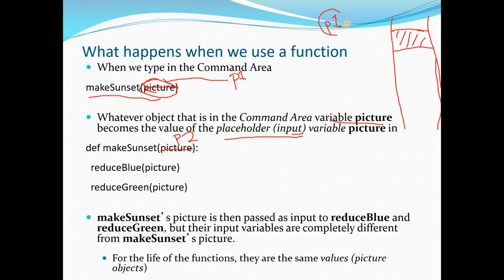That is a separate variable in another part of the memory, and it will point to the start of the picture. When we pass this picture over here to P2, another variable P2 is created in the memory, and it will also point to the same location.